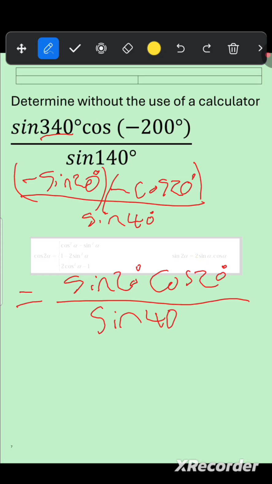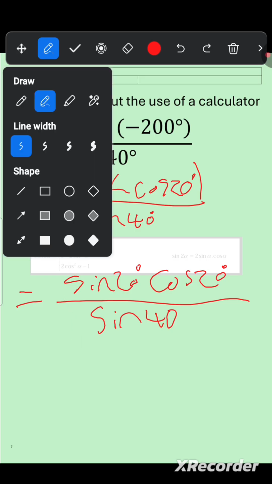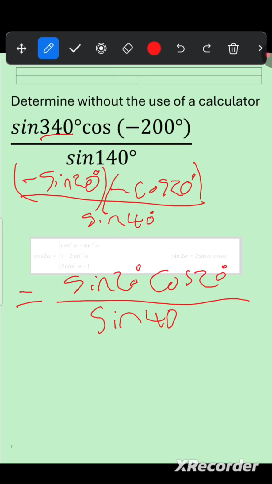I introduce the 2 here, but if I introduce the 2, I must also introduce it at the bottom, so that 2 and 2 still make 1. Still the coefficient will still be 1. So this is 2.